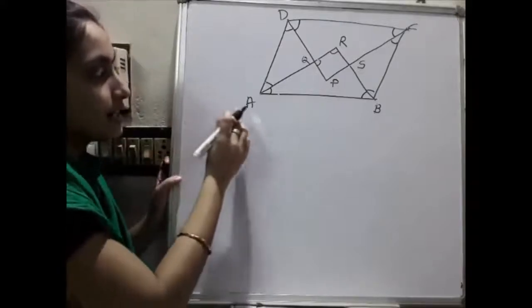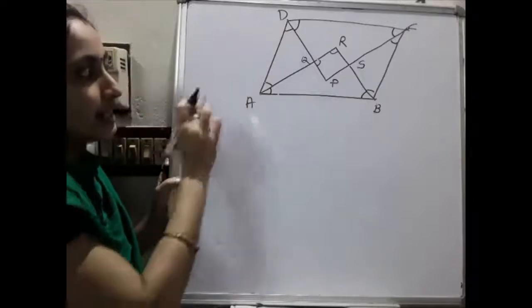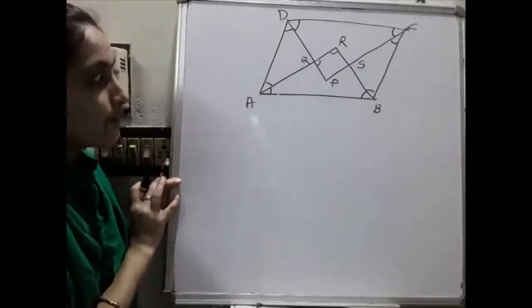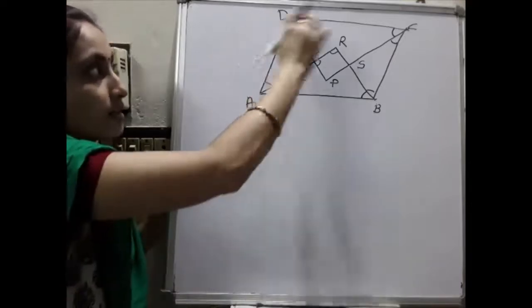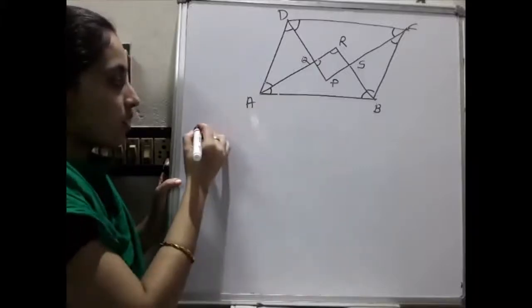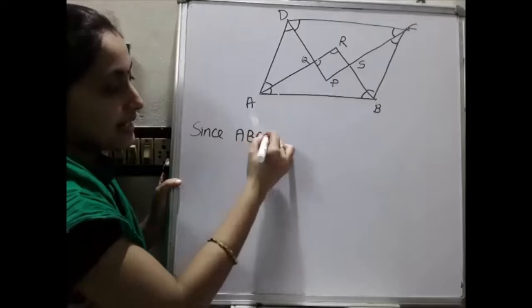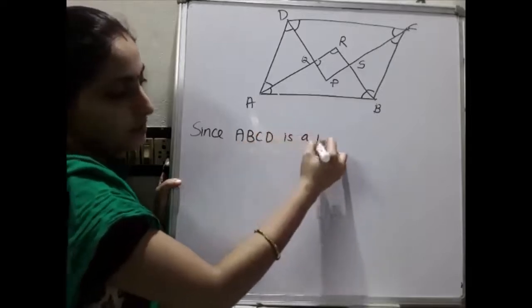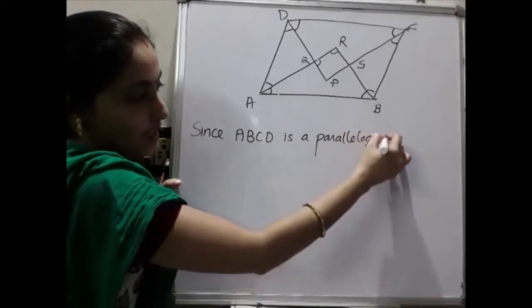You already know angle A and angle D. This is a parallelogram. If it is a parallelogram, then opposite sides are equal and parallel. So we already know since ABCD is a parallelogram, opposite sides are equal and parallel.